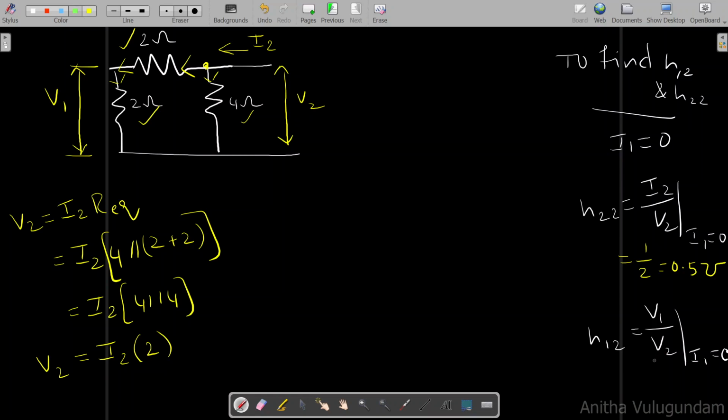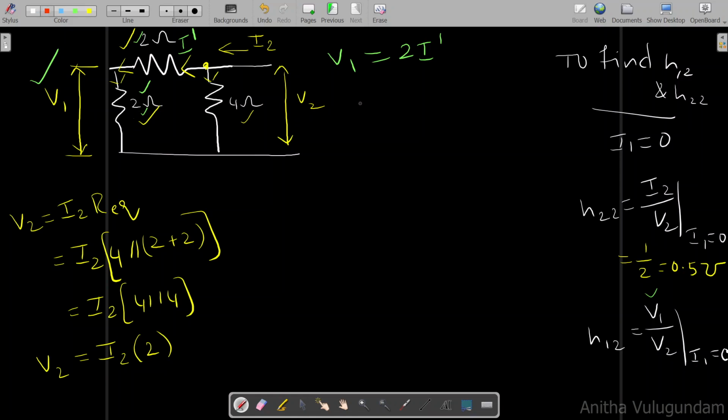And to find H12 we should know what V1 is. From the figure we can write V1 equal to the current flowing in this 2 ohm resistor into the resistance value. Let us assume the current entering this 2 ohm resistor is I dash, because whatever current enters this 2 ohm, the same will flow in the other 2 ohm resistor. According to Ohm's law, V1 equal to IR, where I is I dash and R is 2 ohm.